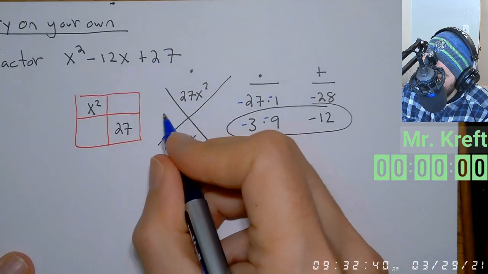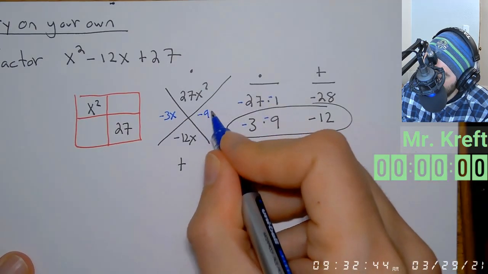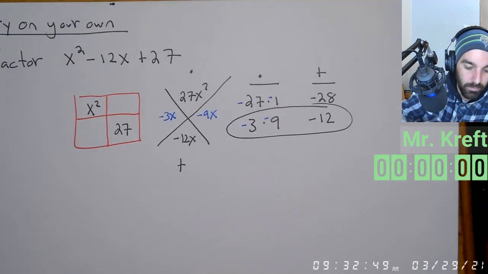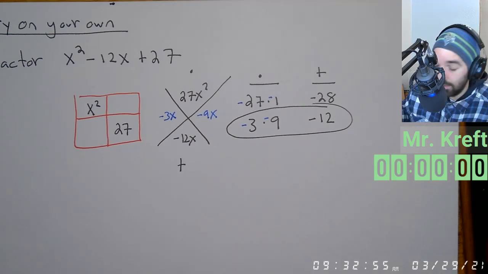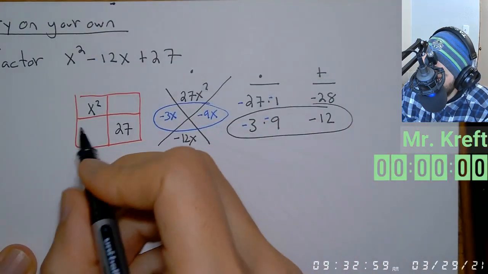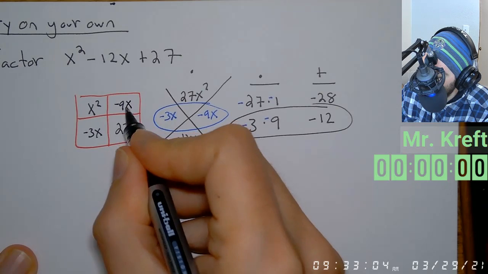Okay, so I'm going to have negative 3x and negative 9x. So I'm going to take these, I'm going to plug them into here. So I have negative 3x and negative 9x.